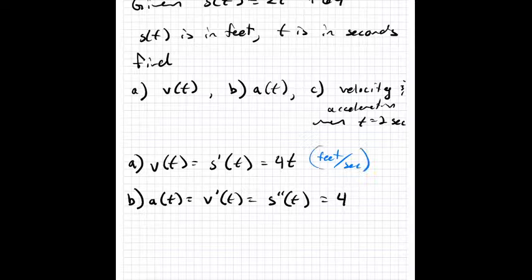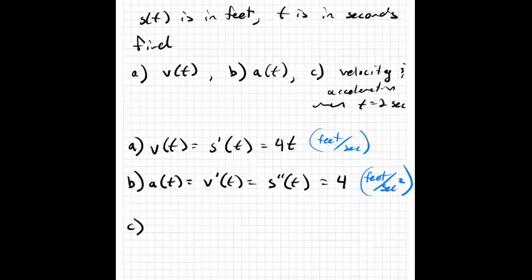Okay. And in part C, watching the clock, this will be it. Part C, so the velocity and acceleration after 2 seconds. The velocity after 2 seconds is going to be 8 feet per second.